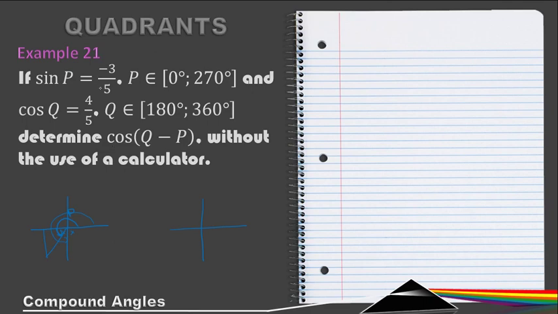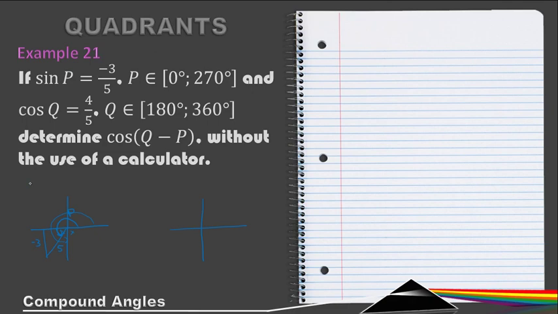That means if I look at sine P being opposite over hypotenuse, my opposite is this, so this is my -3, and my hypotenuse is 5. Now on this side, what we still need to do is find this length with Pythagoras.